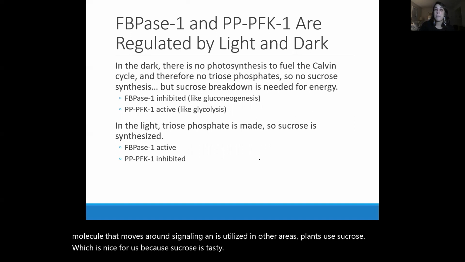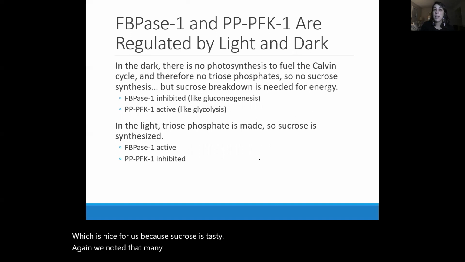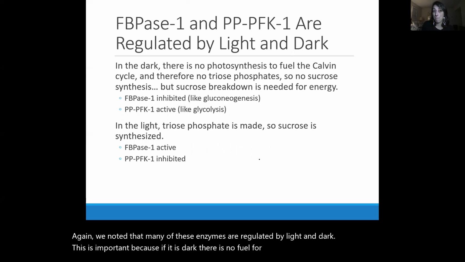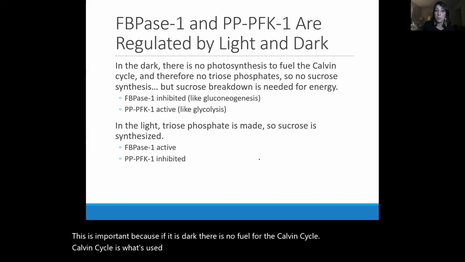Again, we noted that many of these enzymes are regulated by light and dark. This is important because if it is dark, there is no fuel for the Calvin cycle. Calvin cycle is what's used to build up these sugar molecules.